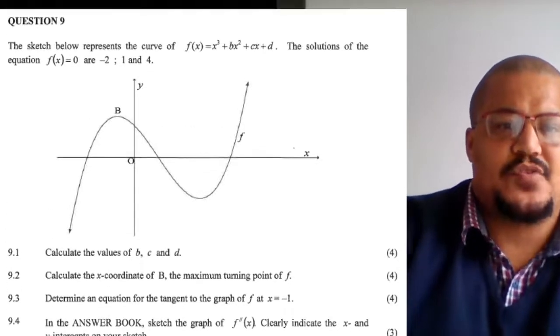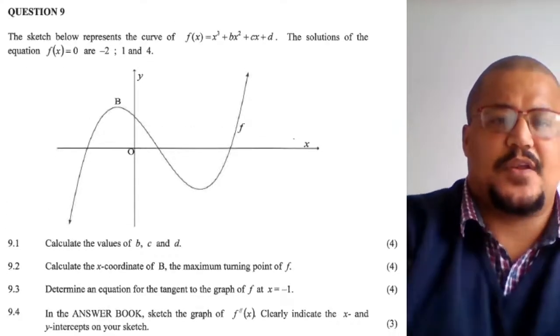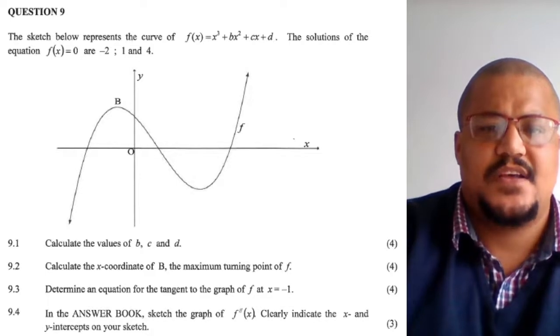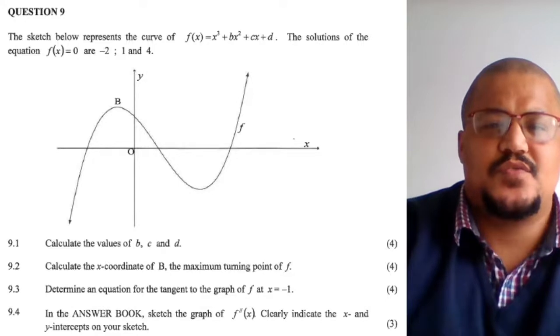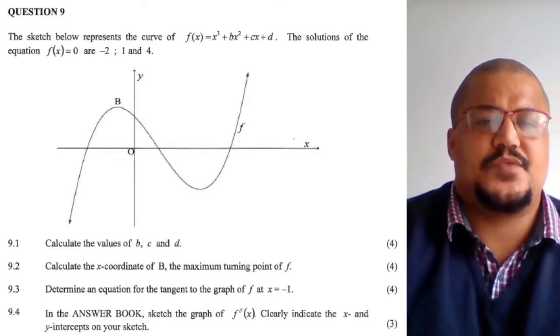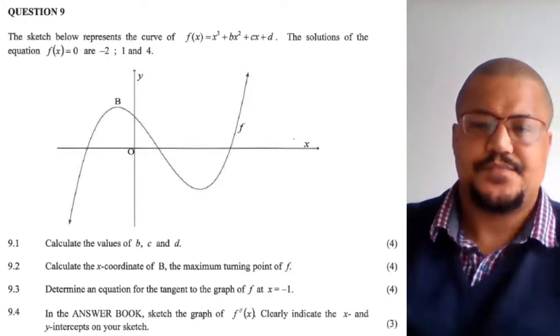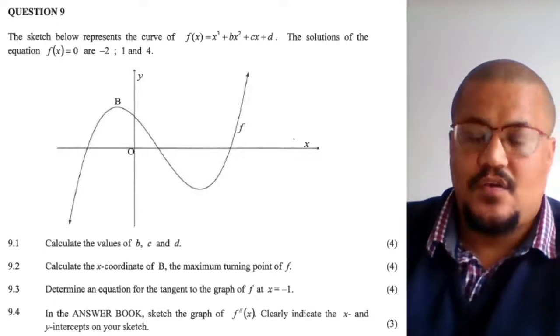Given to us here is a sketch that represents the curve of f of x equals x cubed plus bx squared plus cx plus d, and the solutions of the equation f of x equals 0 are -2, 1, and 4.